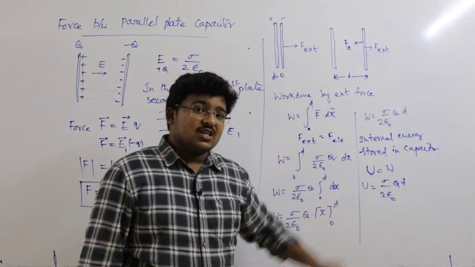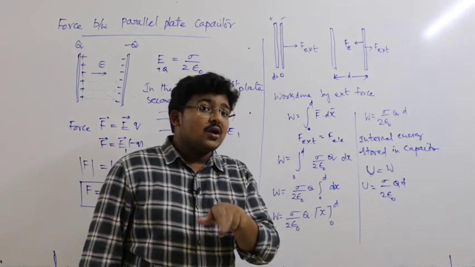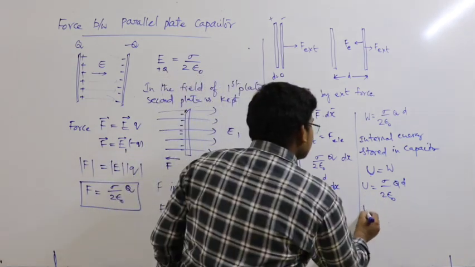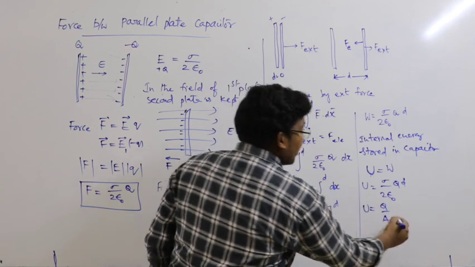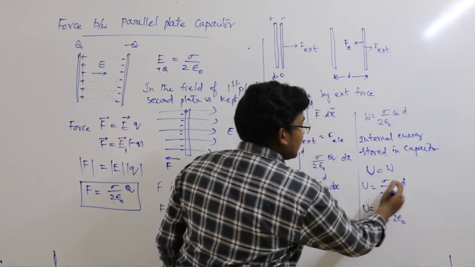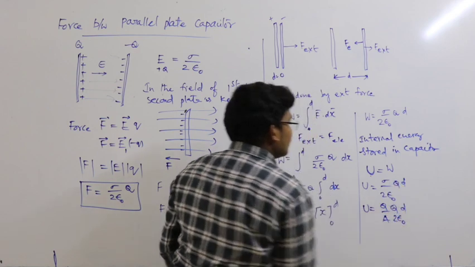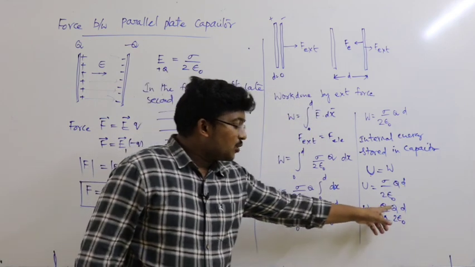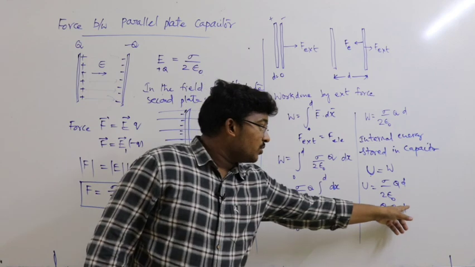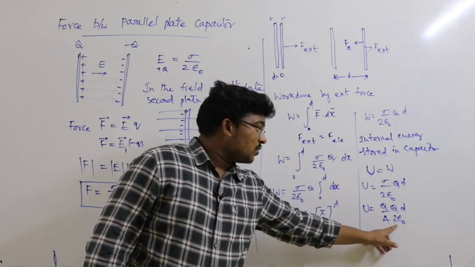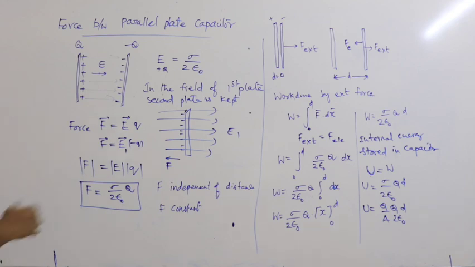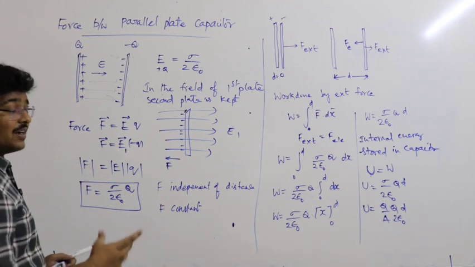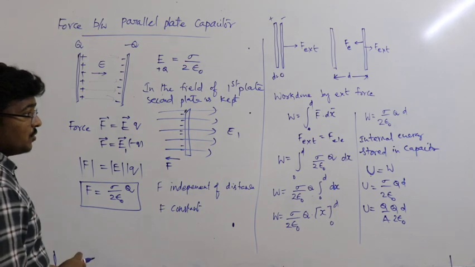In the place of sigma, I am writing charge Q upon A. So U is equal to Q upon A by 2 epsilon naught into Q into d. So you are getting Q square into d by A into 2 epsilon naught. We will just do something and we'll get the formula of energy stored.